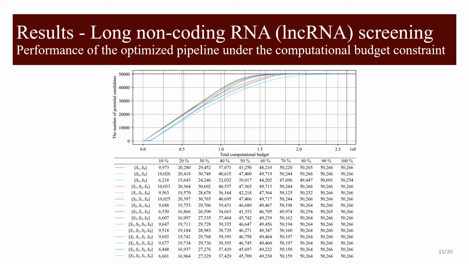Interestingly, the proposed framework was effective to robustly configure the pipeline such that it consistently performs well even in the presence of the stage that is computationally complex but less correlated to the last stage. Specifically, although the optimized pipeline S1, S2, S4 outperformed the optimized pipeline S1, S2, S3, S4, the performance gap was relatively small.